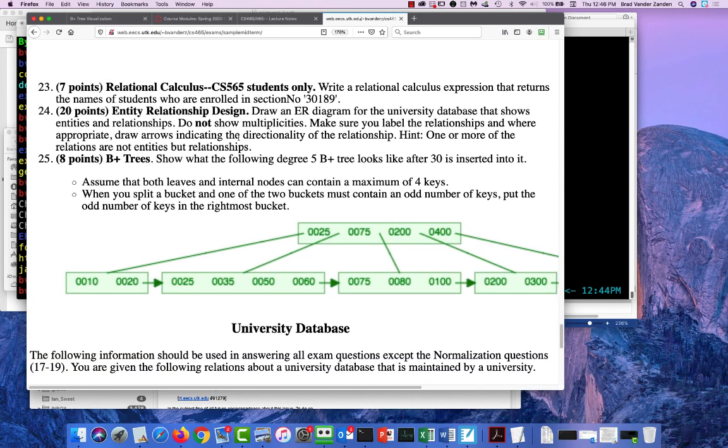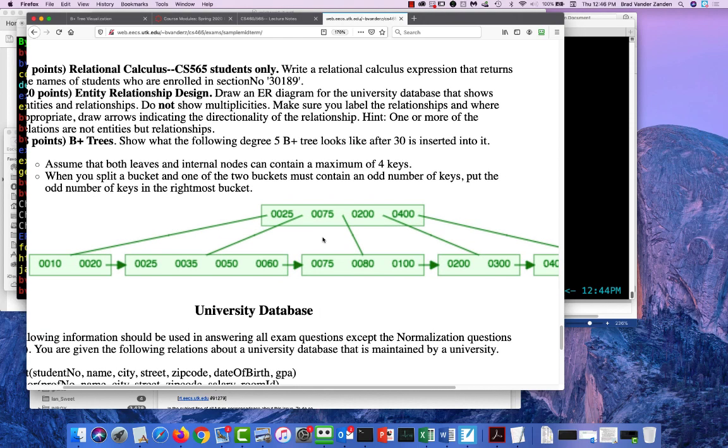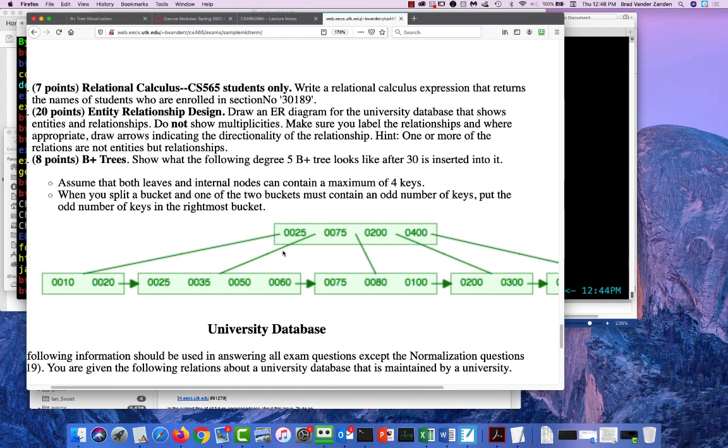There'll definitely be something with either extendable hashing or B+ trees in terms of having to do some kind of insert or delete. We don't worry about deletes for extendable hashing. We never talked about it. So for B+ trees, you need to be able to insert and delete. For extendable hashing, you just need to be able to insert.